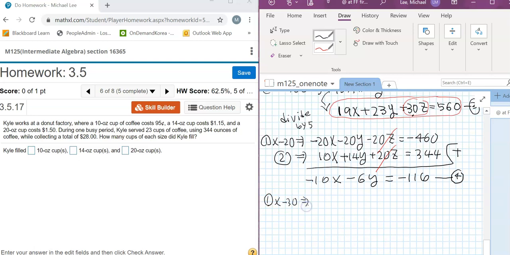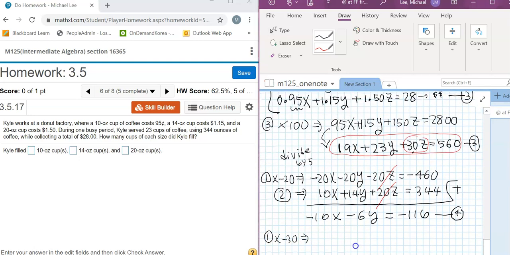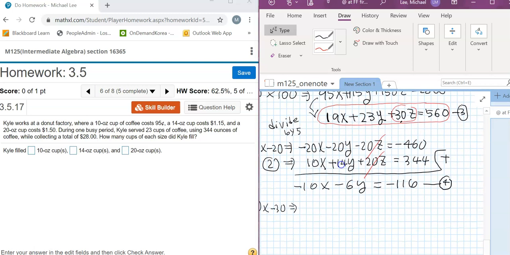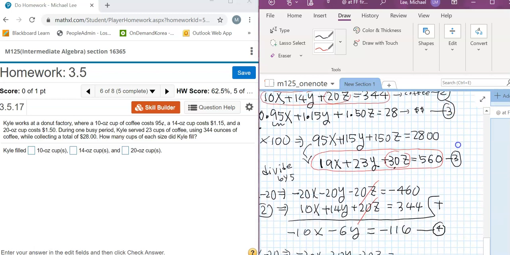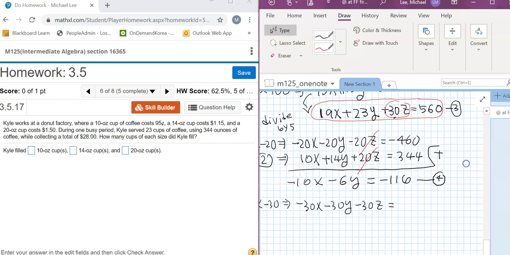So negative 30x minus 30y minus 30z equal to, 23 times 3 is 9 and 6, negative 690.